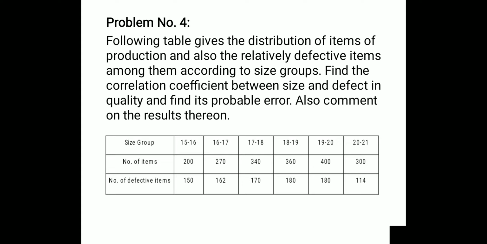And defect in quality: to calculate the defect in quality, you have two rows here, number of items and number of defective items. That means that among 200 items which are produced, 150 are defective in nature. So you have to calculate what percentage of defective items are present in the given size group. Then you can arrive at the calculation of correlation coefficient.